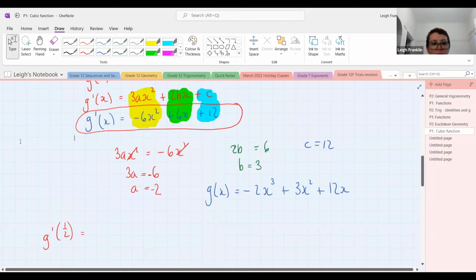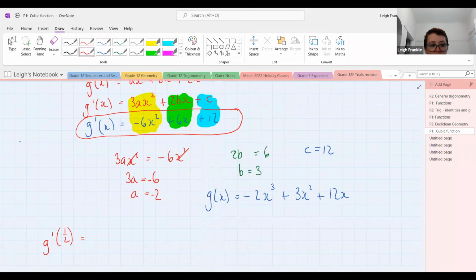So G prime of a half equals minus 6 times a half squared plus 6 times a half plus 12. Then we can pop that into our calculator and you guys can tell me what you get as an answer.